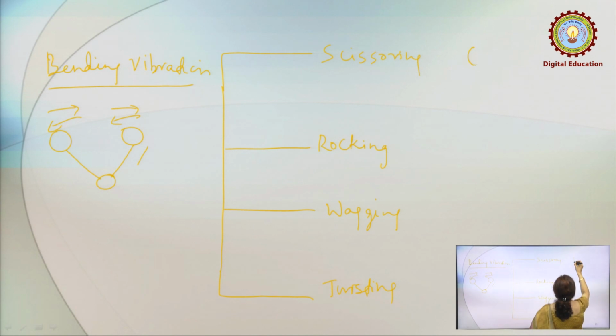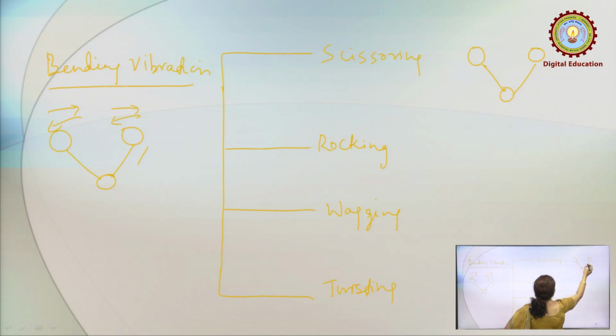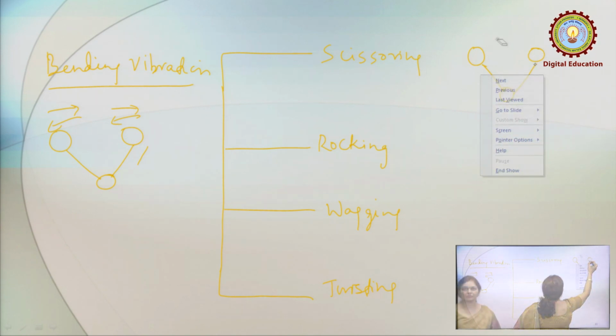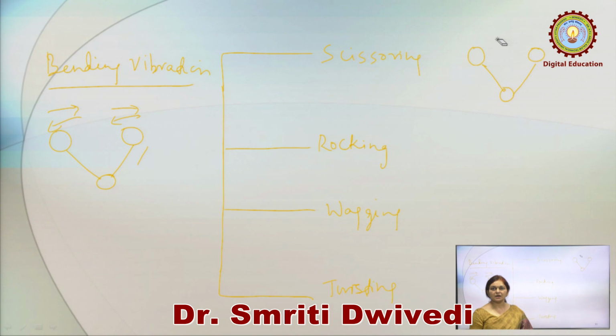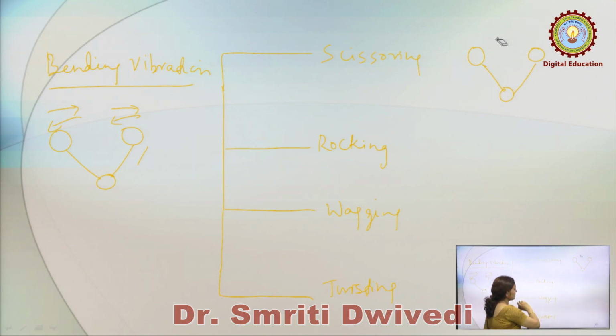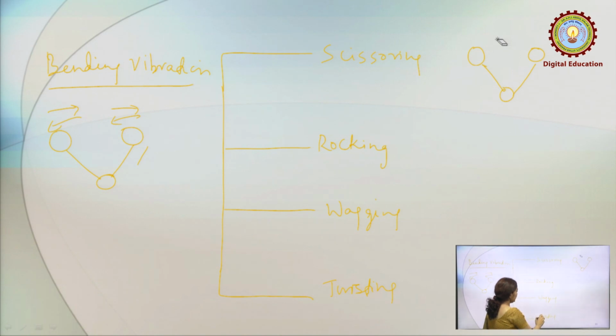Let us consider these are the two atoms attached with the central atom. The second type is bending vibration. Bending vibrations are four types: number one is scissoring, second is rocking, third is wagging, and the fourth is twisting.